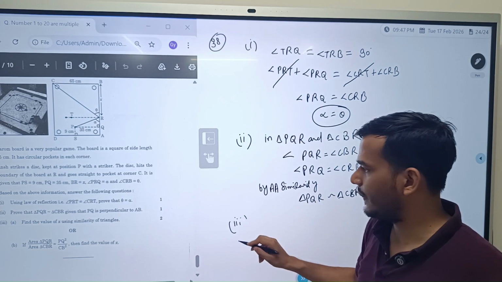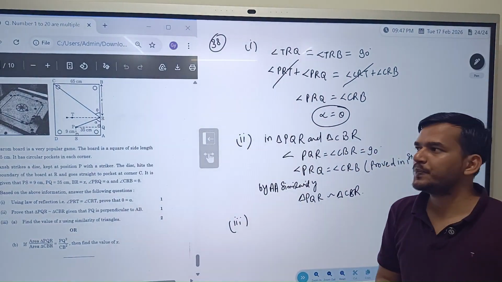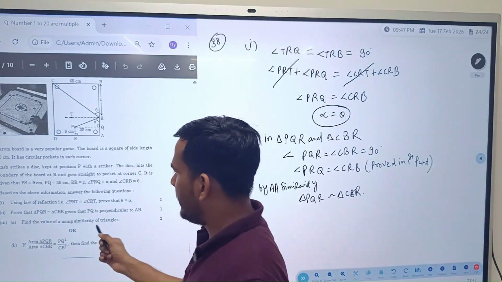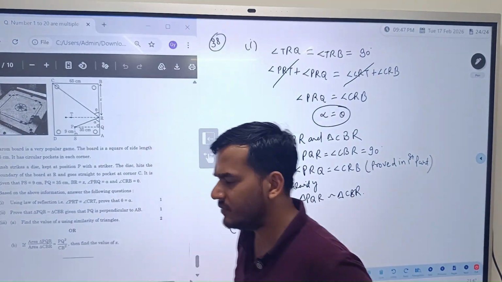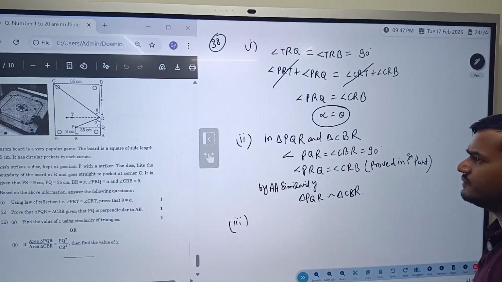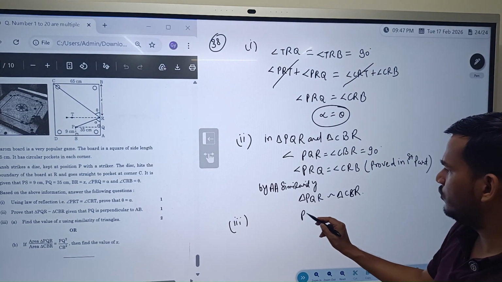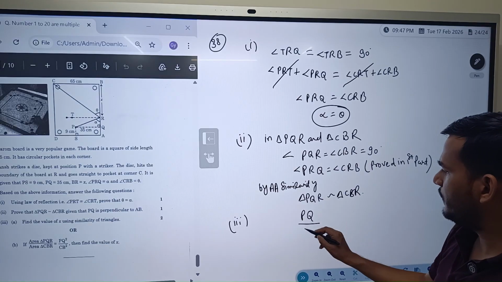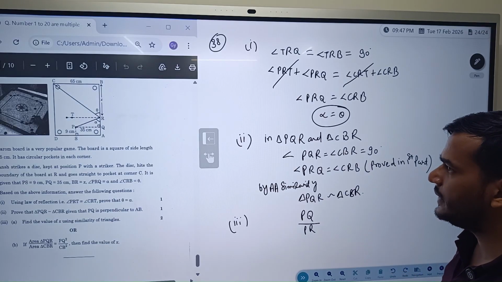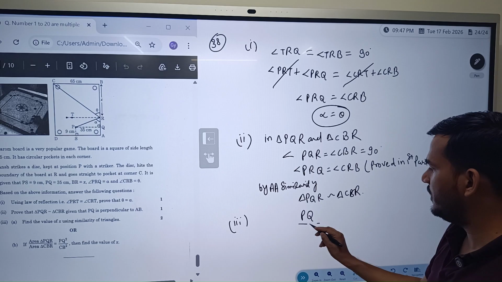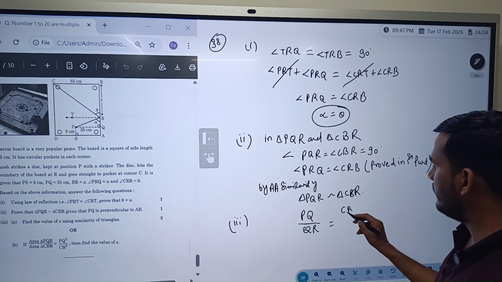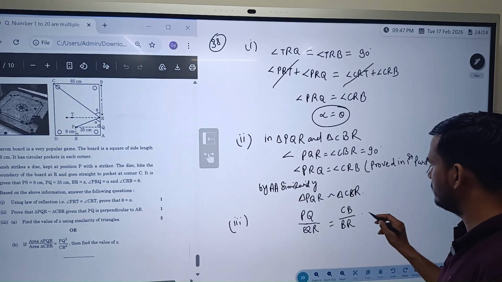Second part is okay. Now moving to the third part: find the value of x using similarity of the triangles. These two triangles are similar, so we can write PQ upon PR, but PR is not known. So we write PQ upon QR is equal to CB upon BR.